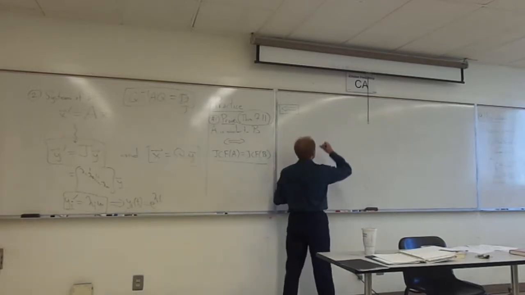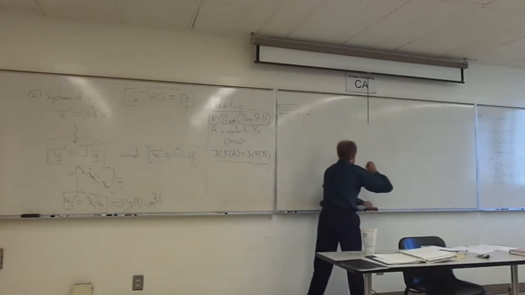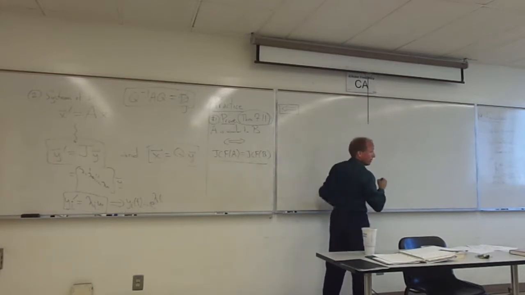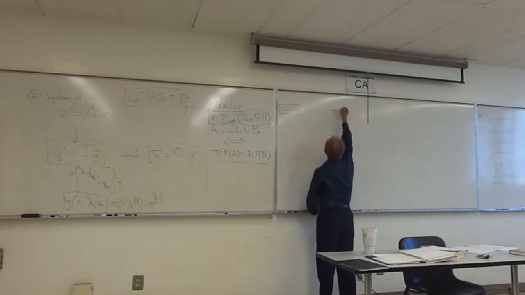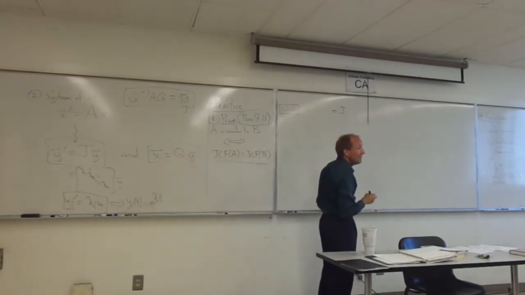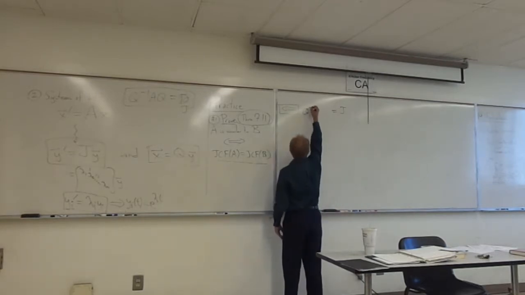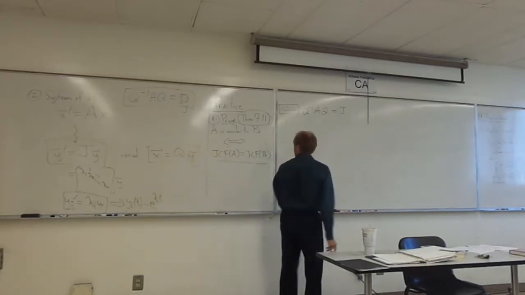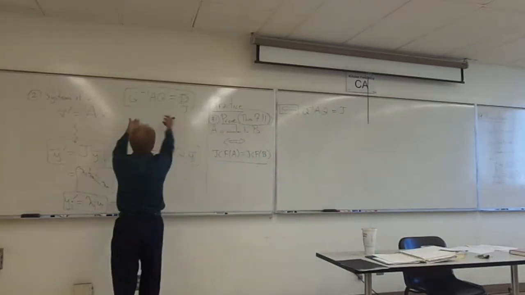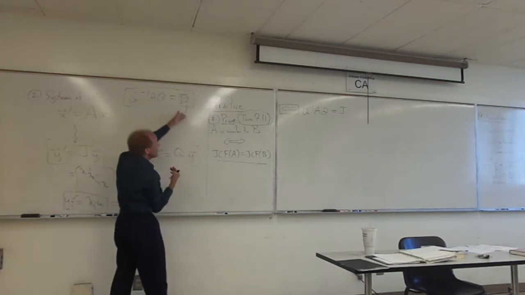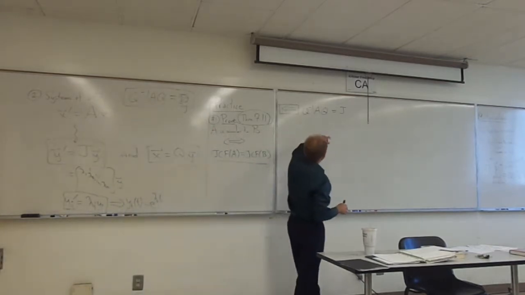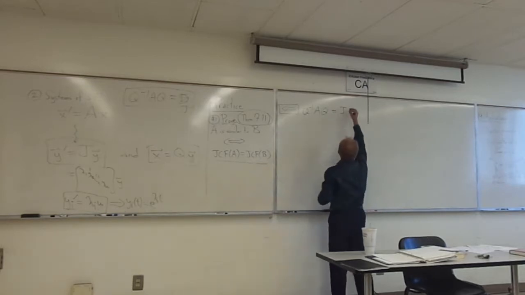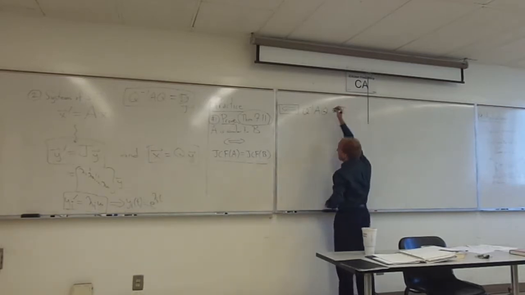A times Q, right? Jordan canonical form. Basically, this right here: Q inverse AQ equals J. So J is the notation.